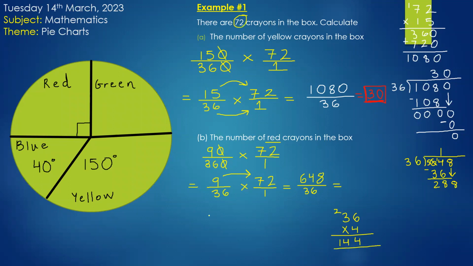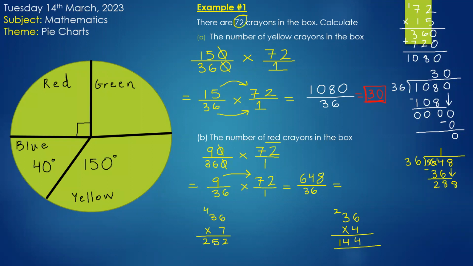So let's try something like 7. So 36 times 7. 7 times 6 is what? 42. 7 times 3 is 21, 22, 23, 24, 25. 252.